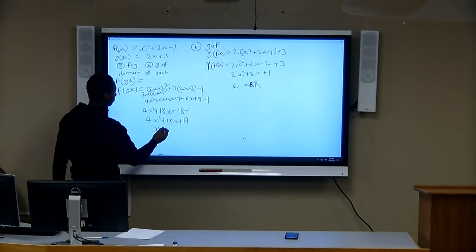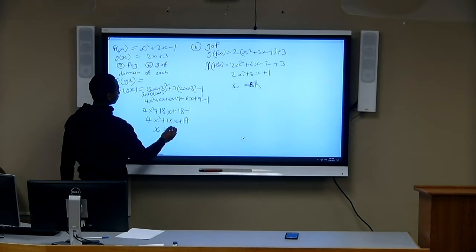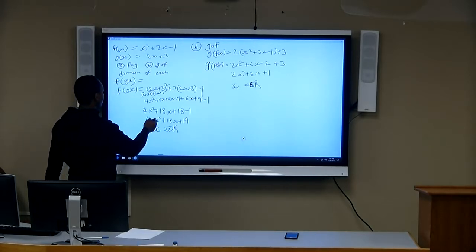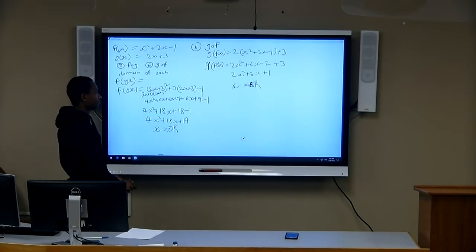X is such that X is a member of all real numbers.